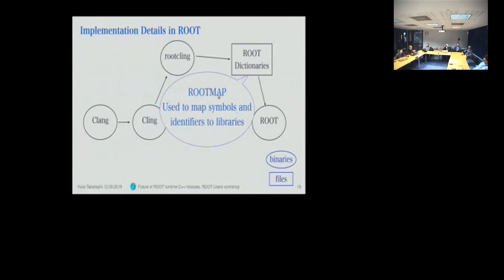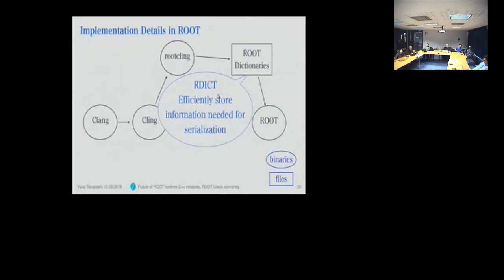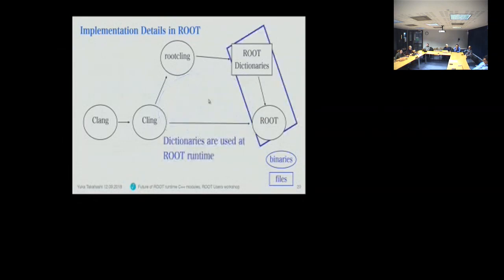To give a bit of description, the rootmap file is a file which maps symbols and identifiers to libraries. And rdict efficiently stores the information needed for I/O serialization. The generated ROOT dictionaries are loaded at ROOT runtime.